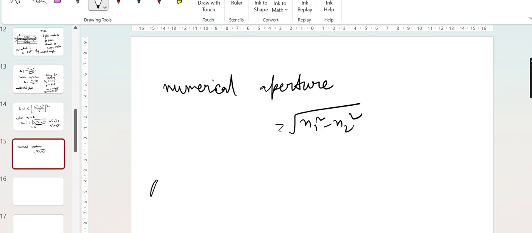And there would be attenuation when we transfer data through the optical fiber.